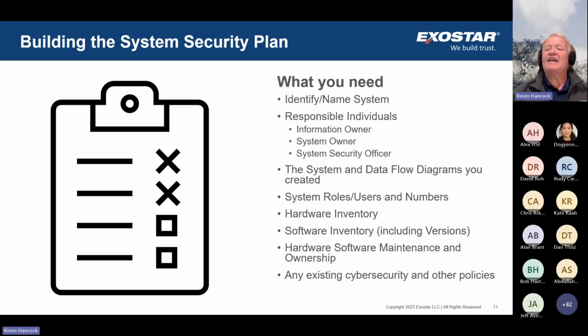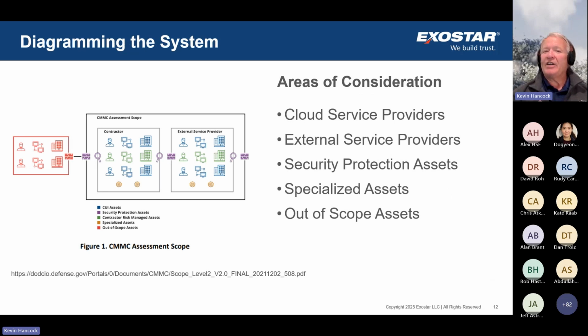So identify the different people, the different processes, the different administrators, and things like that for each of those. As you build out that overall system security plan, please have the data flow diagrams and the network diagrams that provide the boundaries around that system.